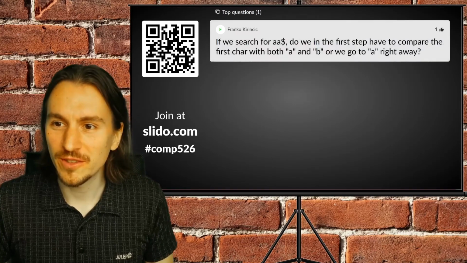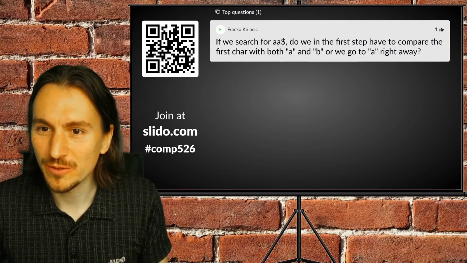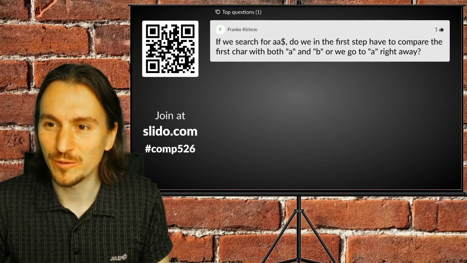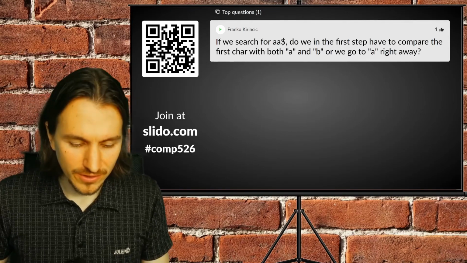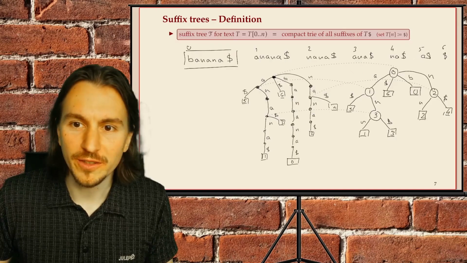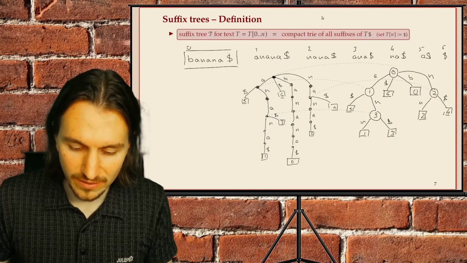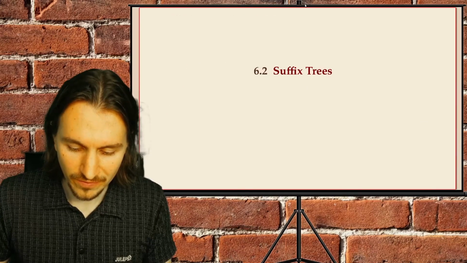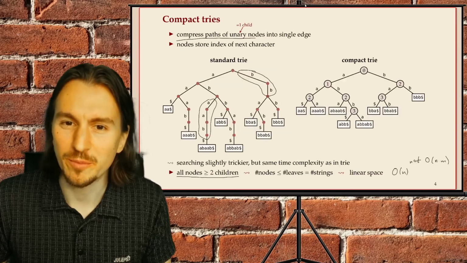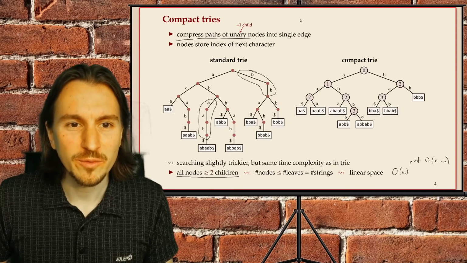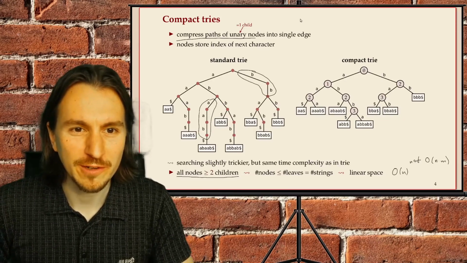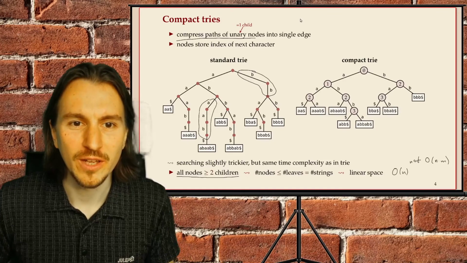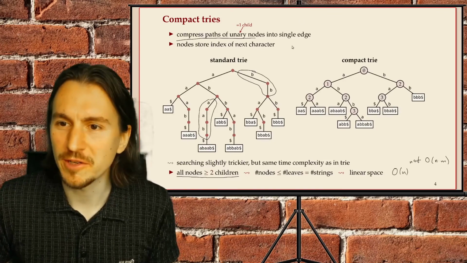The other question was, I suppose, about the earlier example for the tries. So let me go back a little bit on the slides to the trie example. The question was, if we search for AA, do we in the first step have to compare the first character with both A and B, or do we go to A right away?